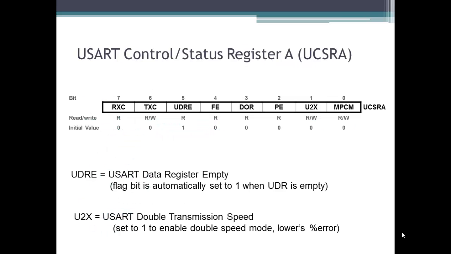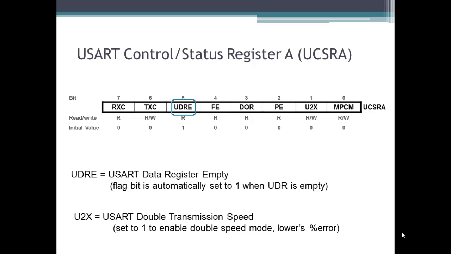So the USART control status register A, or UCSRA, contains a couple of bits that have really useful status information. One of the most important ones we're going to use in this exercise and in the following lab is the UDRE flag, or the USART data register empty flag.